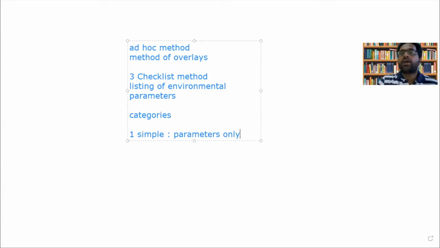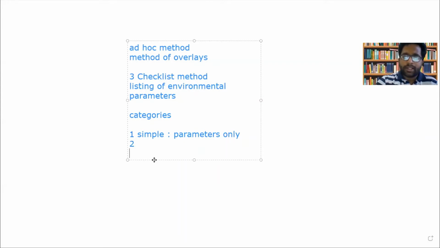For example, you have a project under consideration and you are seeing what are the parameters that need to be considered in this study. For example, air, water, these are different parameters. We are just mentioning the parameters. We are not going into much details. The parameters are simply being listed. That is the simple method.